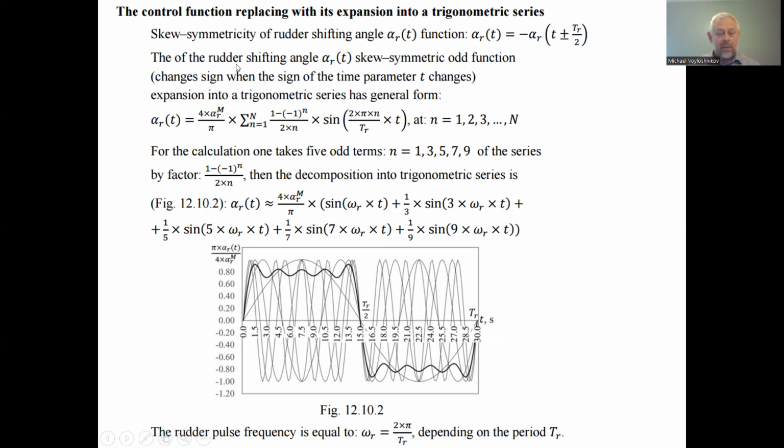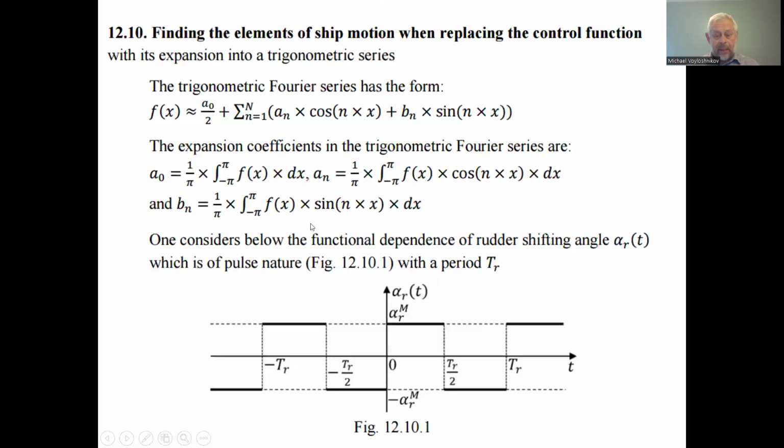The shifting angle of the rudder of a skew symmetric odd function changes sign when the sign of the time parameter t changes. Expansion into the trigonometric series has a general form. This is the expansion into the trigonometric series, the general form, when we assume the impulse nature of the function and its expansion into trigonometric series.